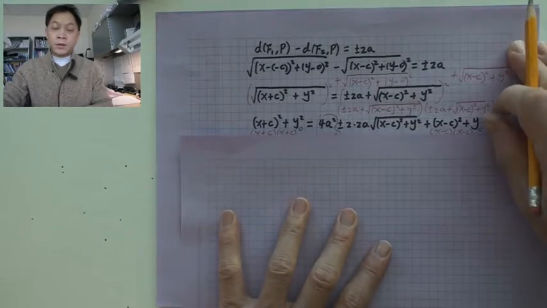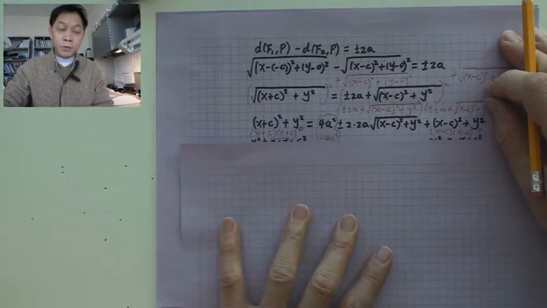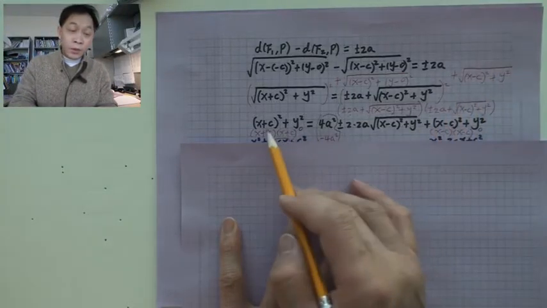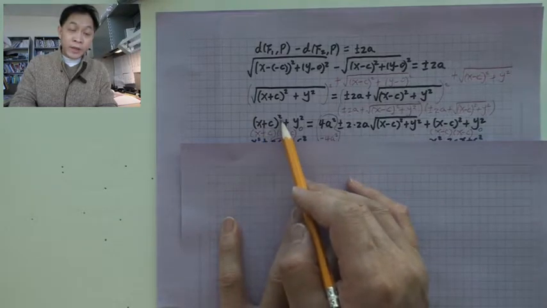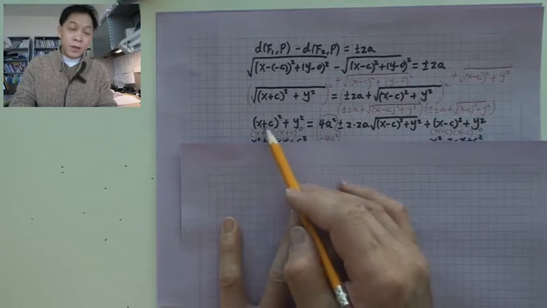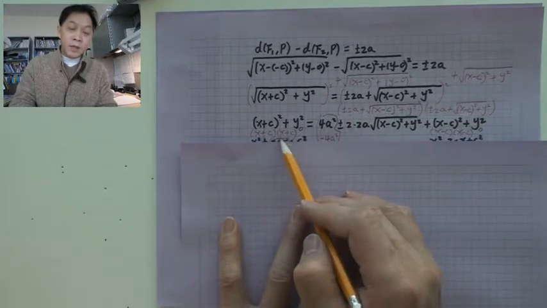Alright. Now what we have to do is multiply x plus c squared out, so you have to FOIL that. x plus c squared is x plus c times x plus c.